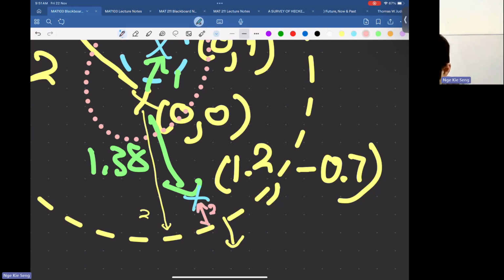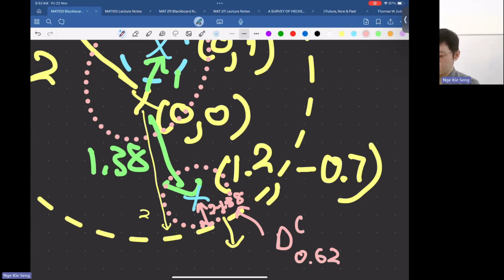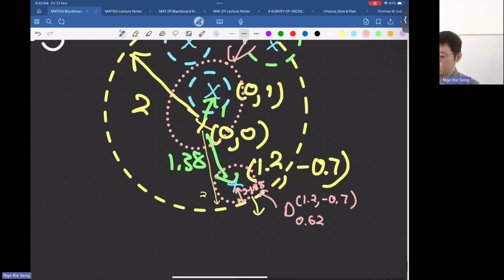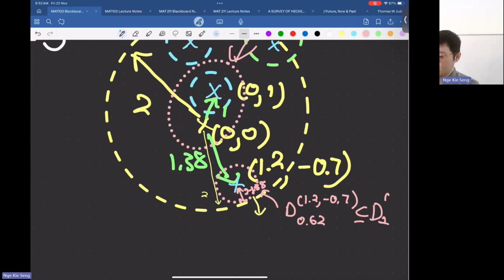You use 这个2减1.38 and then form 这个，在这边我是相切的。OK，so let's write down the open disk formula: D of 0.62 centered at (1.2, -0.7). So now you need to prove that whether this lives inside D of 2 at (0, 0) or not.